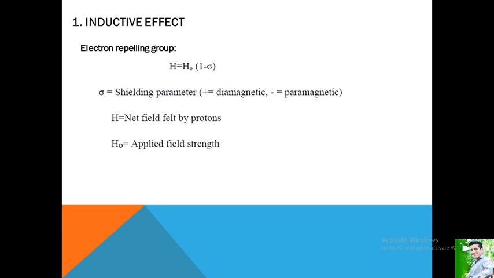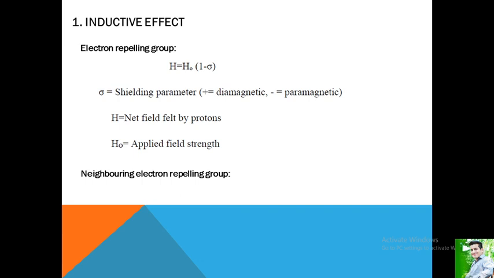In case of the resonance condition, the field required is more than H0 depending upon the magnitude of the diamagnetic effect. Here sigma is the shielding parameter, where plus is diamagnetic and minus is paramagnetic. H is the net field at the proton and H0 is the applied field from the external magnetic field.